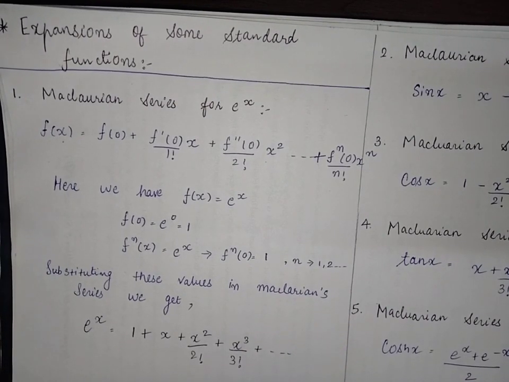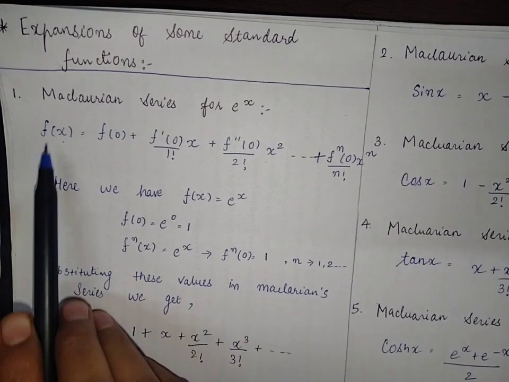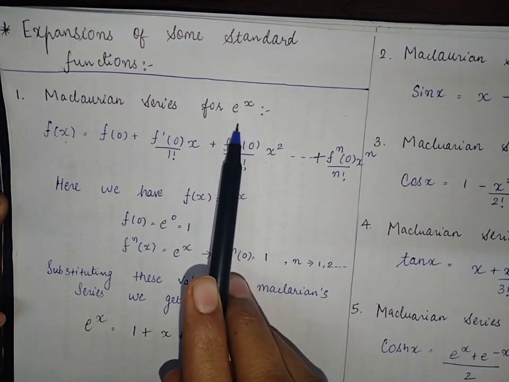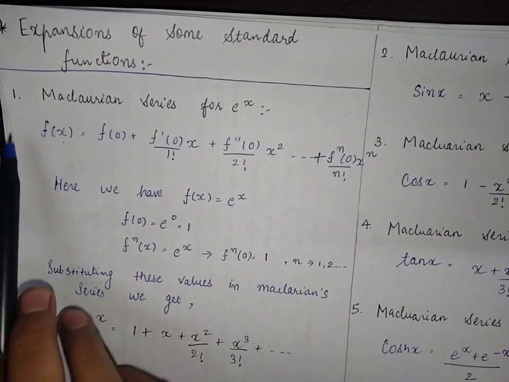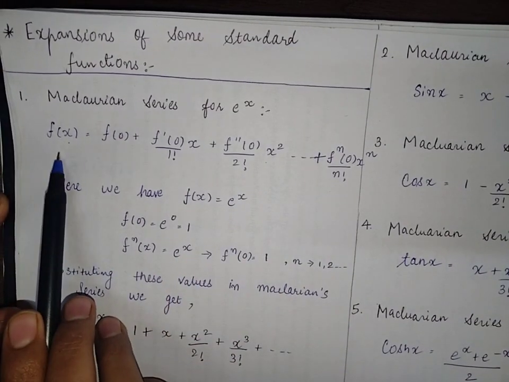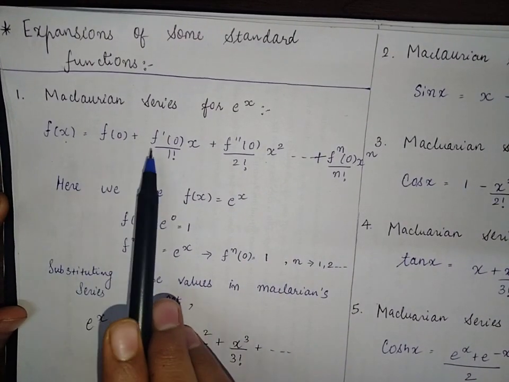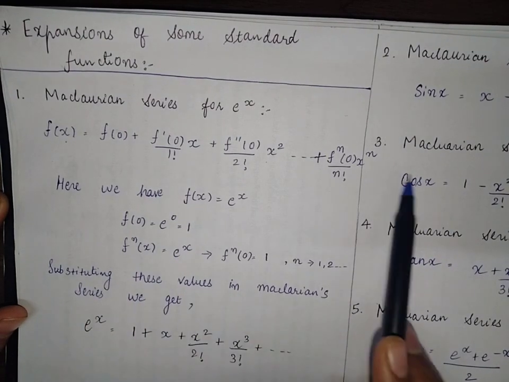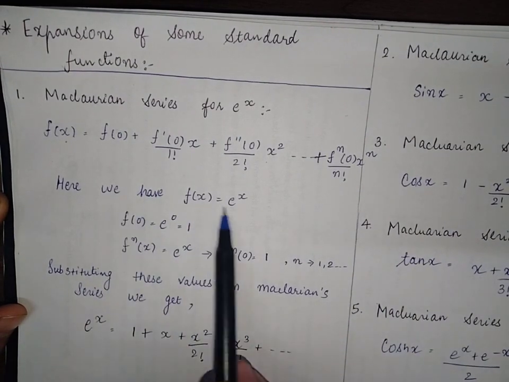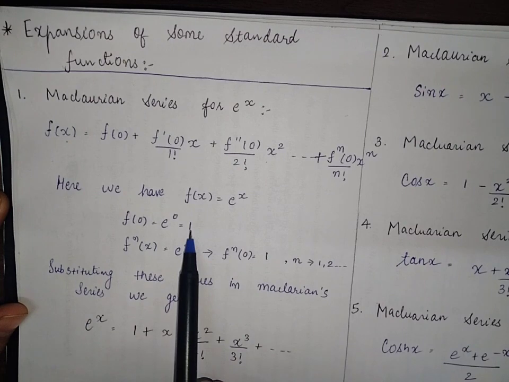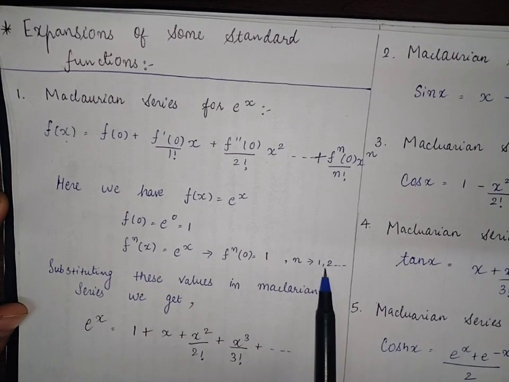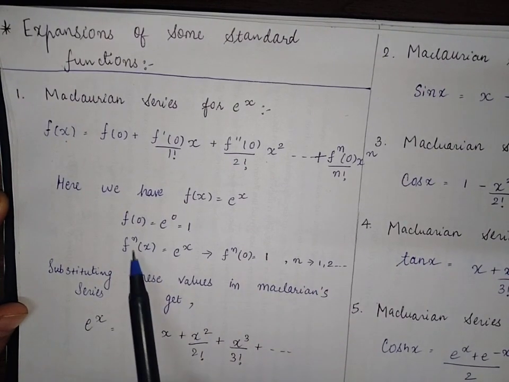If we want to solve or prove it, we can also do that for the Maclaurin series for e raised to x. The formula of Maclaurin series is f of 0 plus f dash of 0 by 1 factorial and so on. So we have f of x, we will get f of 0, and we will get all the values up to the nth derivative.